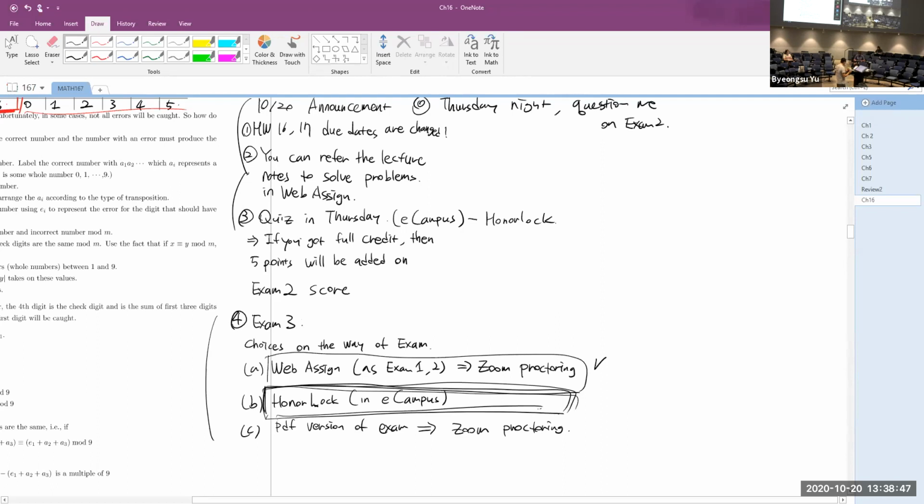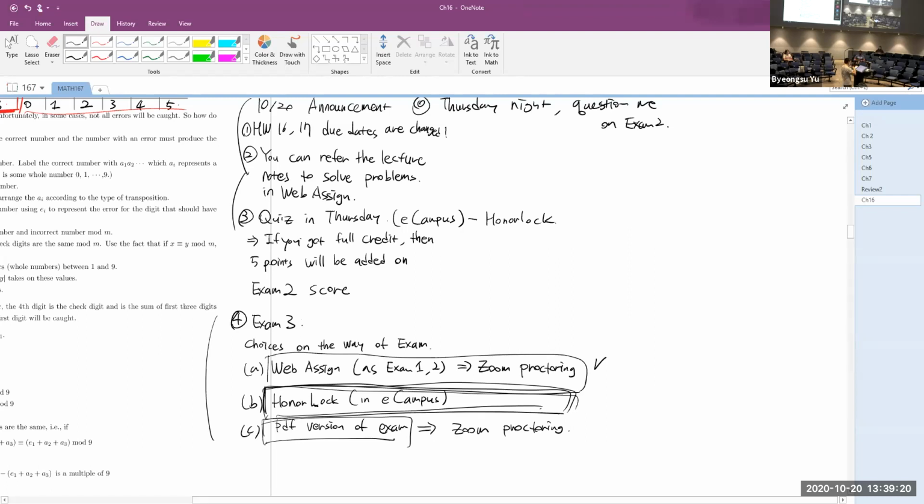And the third option is, if you think that WebAssign is not comfortable for you, I will provide you a PDF version of the exam. In this case, maybe you need to log in a little bit earlier than usual, but in the given time, you can print your exams and write down everything on your papers.